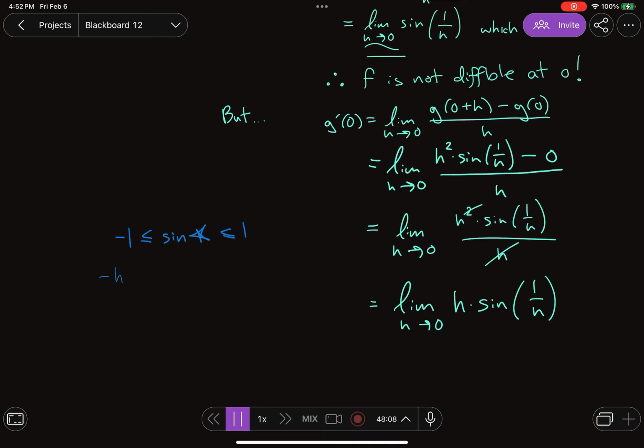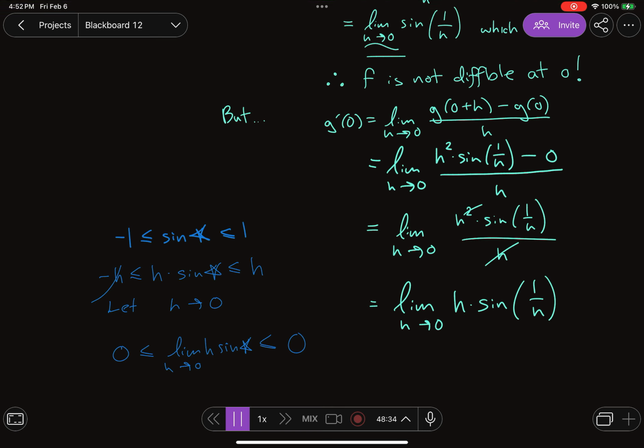But then I can let h approach 0. This side of the function would go to 0, is less than or equal to the limit as h approaches 0 of h times sine of star, which is less than or equal to 0.